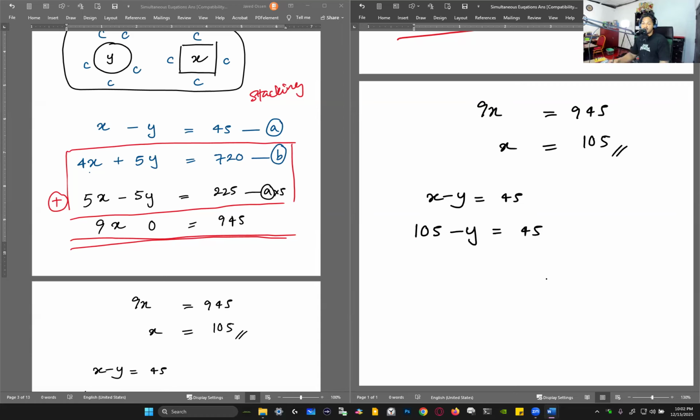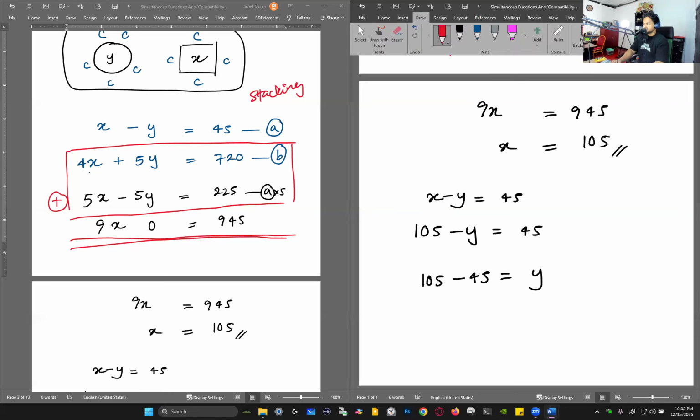Take y to the other side, Miss Fatima. Negative y, if I take it to the other side, will become positive y. 45, if I bring it to this side, will become negative 45. You can understand what I did here, right? I swapped y and 45.